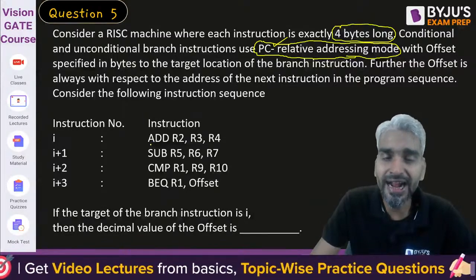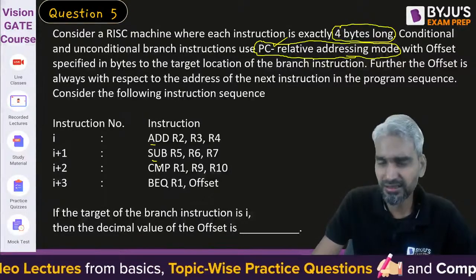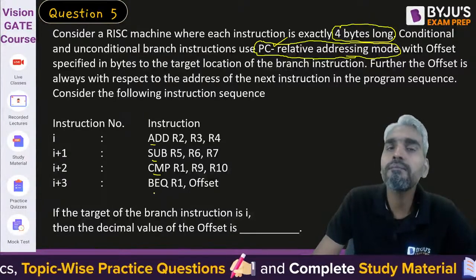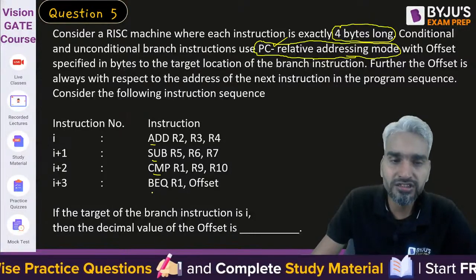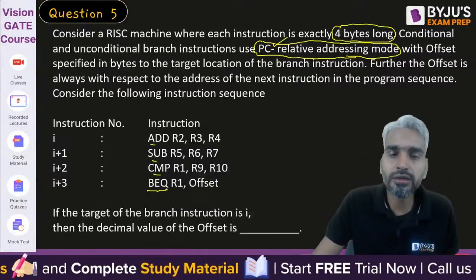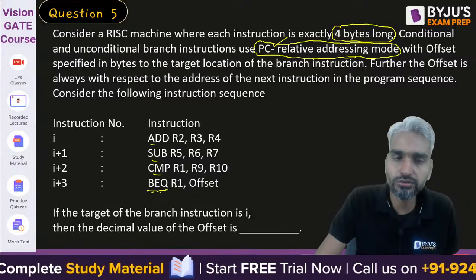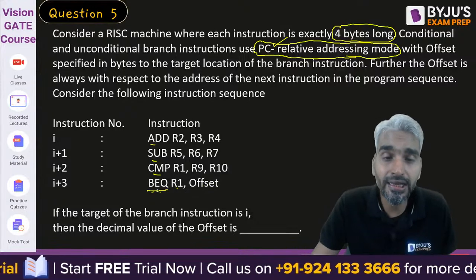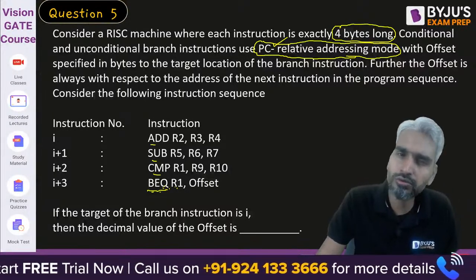Do you know that add is ALU, subtract is ALU, comparison is a data manipulation instruction? This is branch on equal to 0. So if R1 is equal to 0, you will jump to the offset. Clear? So that's the idea. Branch equals 0, and not equals will be branch not equal to 0.